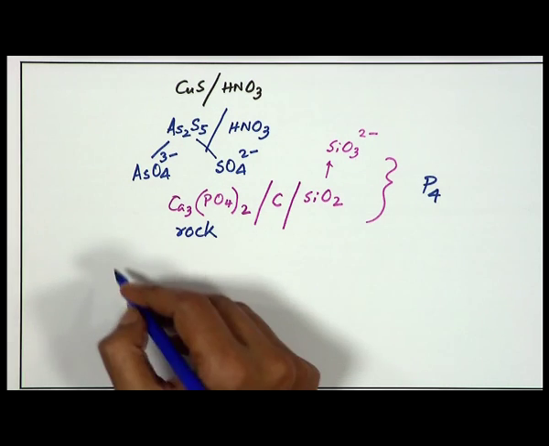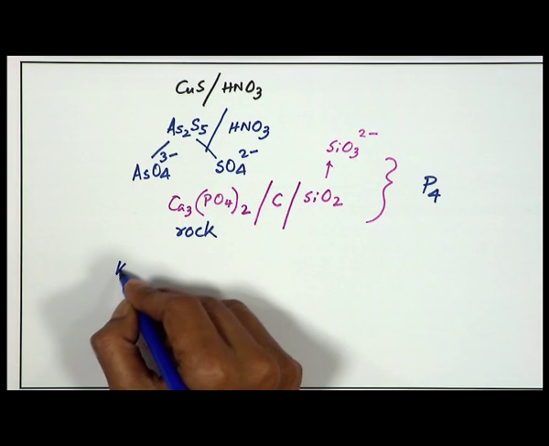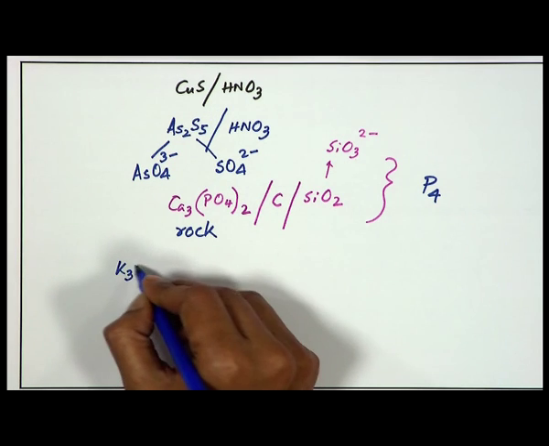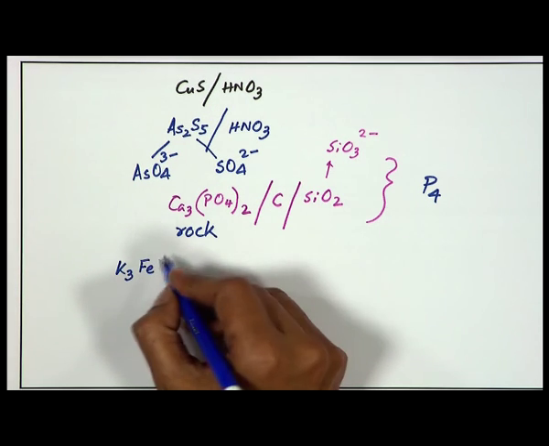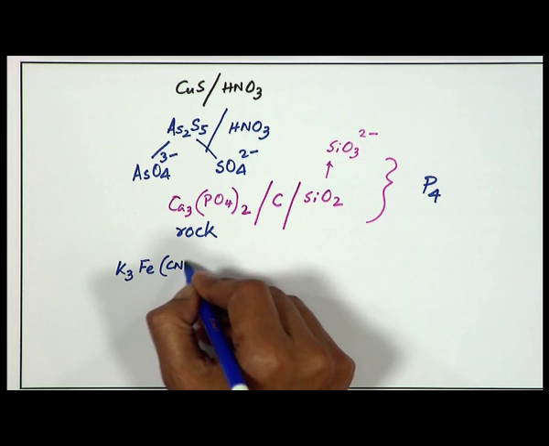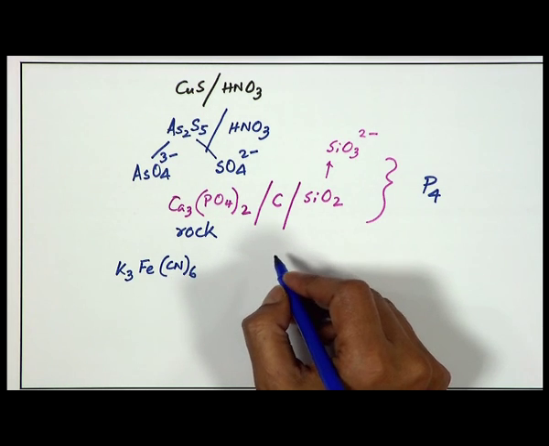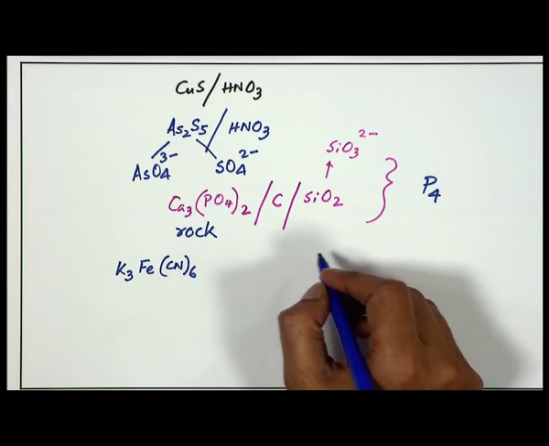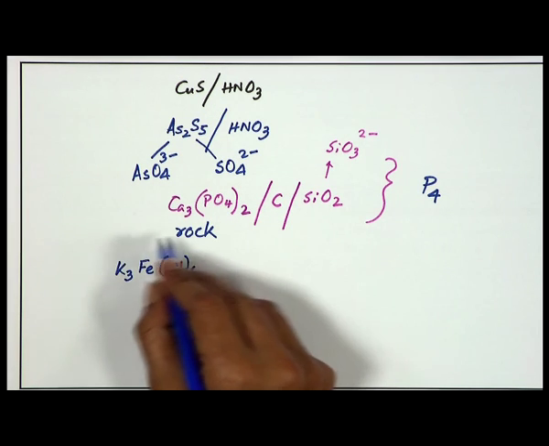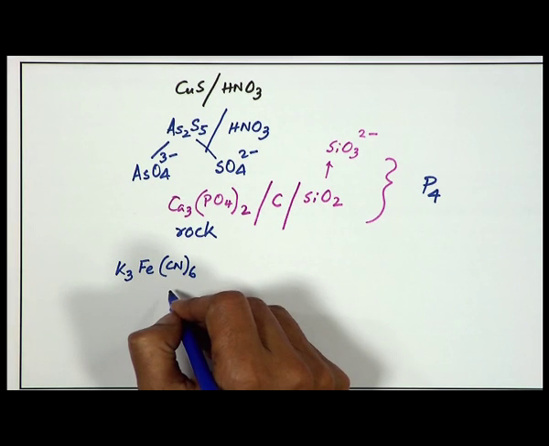One such example of handling a more complex inorganic compound is potassium ferrocyanide. How the redox chemistry goes with potassium ferrocyanide, we should also know.